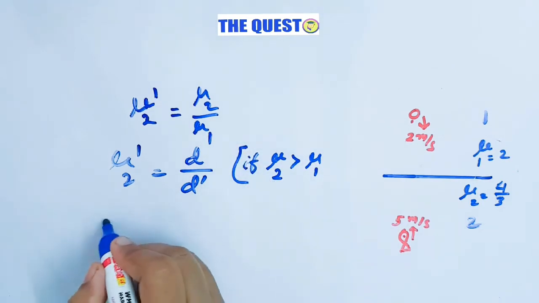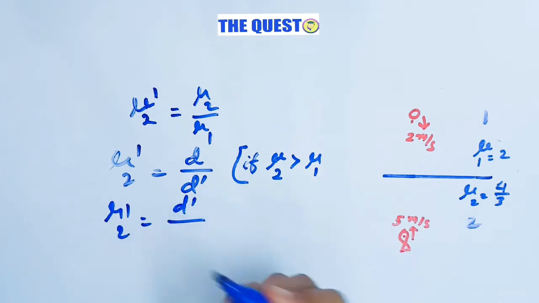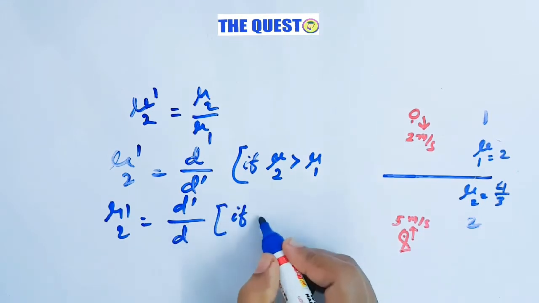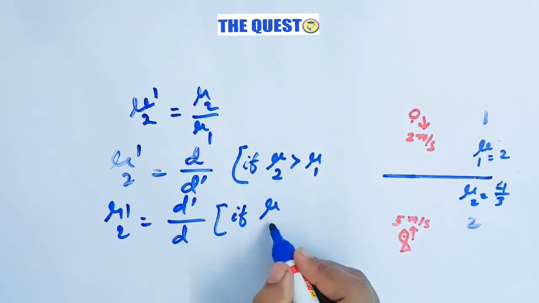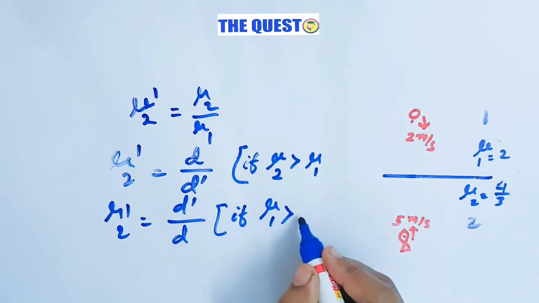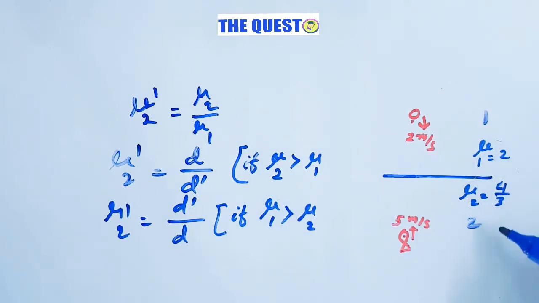And mu21 is equal to d prime, the apparent depth, per actual depth, if the refractive index of the first medium is greater than the second medium, which is our case here. Here the first medium is denser than the second medium, so this formula will act.